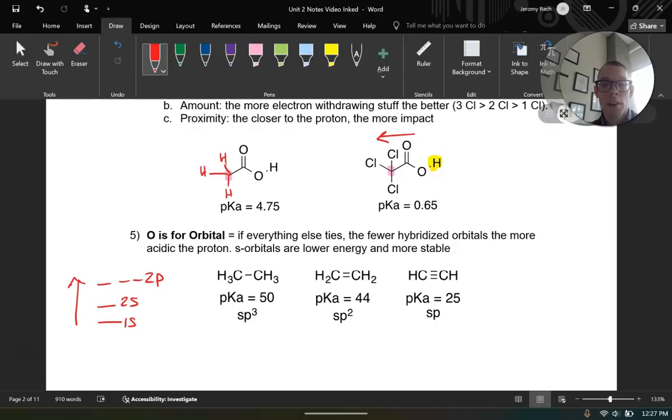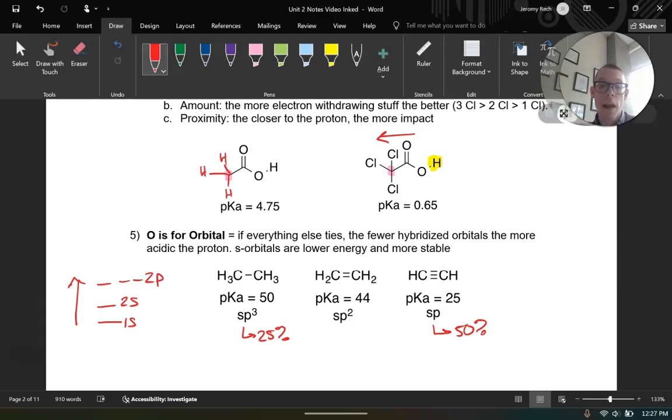So if we think of our 3 different types of hybrid orbitals, our sp3, our sp2, and our sp, in the case of our sp3, if we think about how much s character there is, or how much the s orbital contributes to those hybrid orbitals compared to the p, you get about 25%, because you have 1 s for 4 total orbitals, 3 of the other ones being p, whereas in your sp, that is 50% s character and 50% p character.